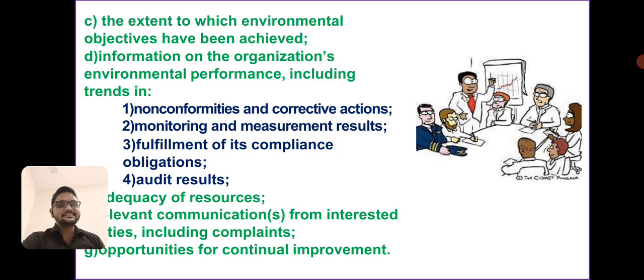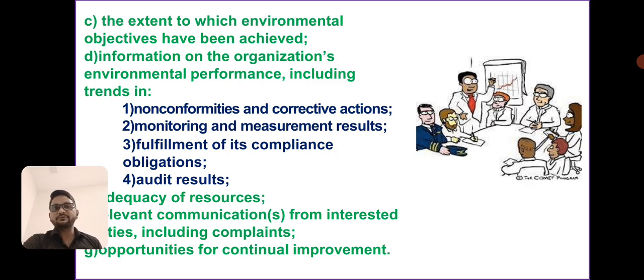And next is the extent to which environmental objectives have been achieved, and information on the organization's environmental performance, including trends in non-conformity and corrective action, monitoring and measurement results, fulfillment of compliance obligations, and audit results. These are the trend information.